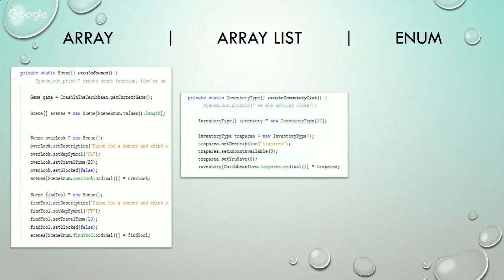Array lists are recommended when you need to add or remove objects from the list, or the objects are of different data types.